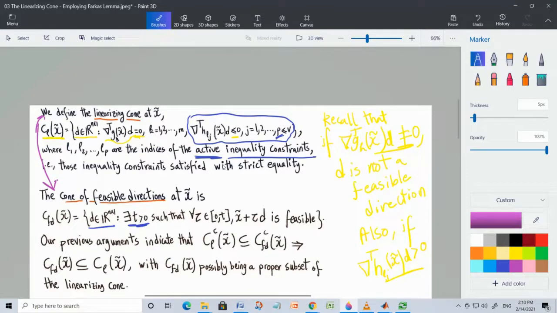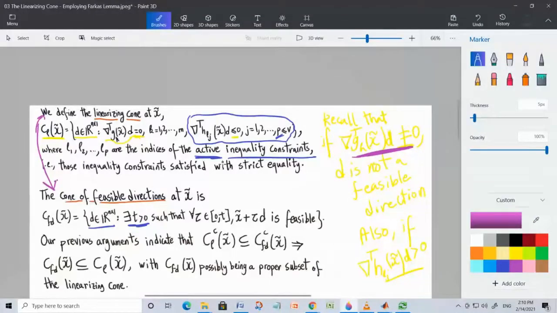When we talked previously about those g functions and h function, please be precise regarding what we proved. We proved that if this is not true, then d is not a feasible direction.